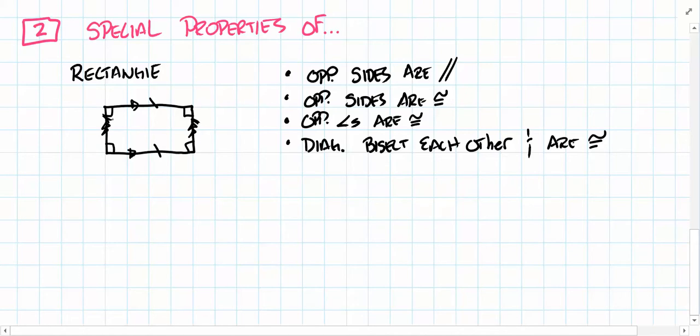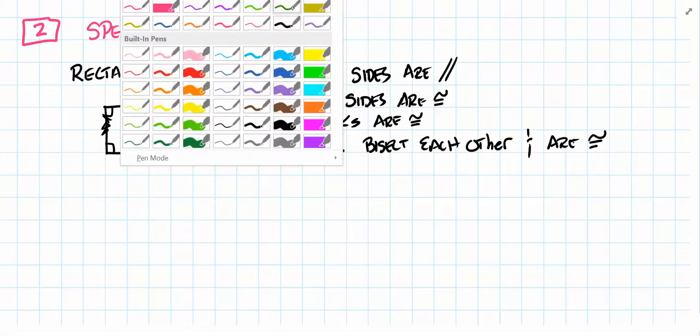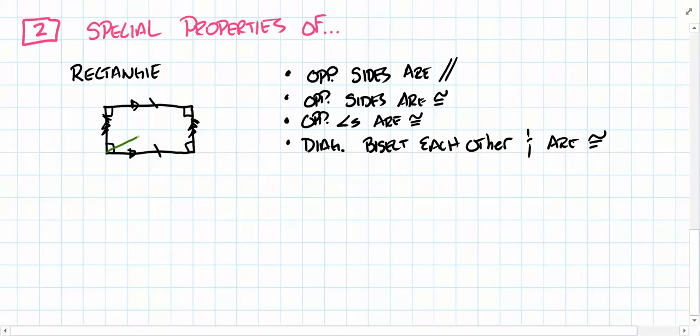Well, we know that because it's all equiangular. And then the diagonals bisect each other and are congruent. So if I draw in a diagonal, I would draw this diagonal there and that diagonal there. They bisect each other and are congruent. Bisect means that this is equal to that, and that is equal to that, and they're all congruent.